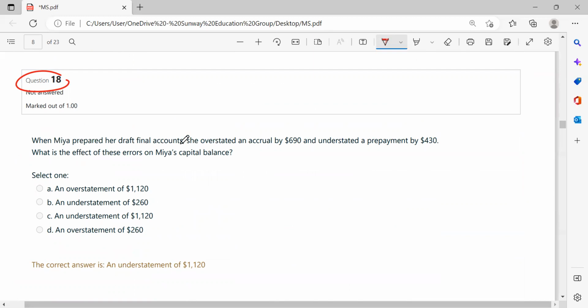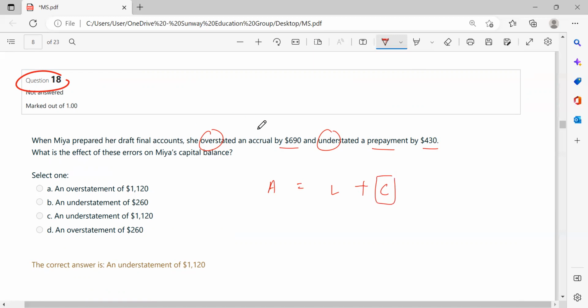When Mia prepared her final account, she overstated accrual by 690 and understated a prepayment by 430. So how does this error affect Mia's capital balance? To answer this question, I will have to know my accounting equation. My accounting equation is asset equals liability plus capital. Now I want to know what will happen to my capital.